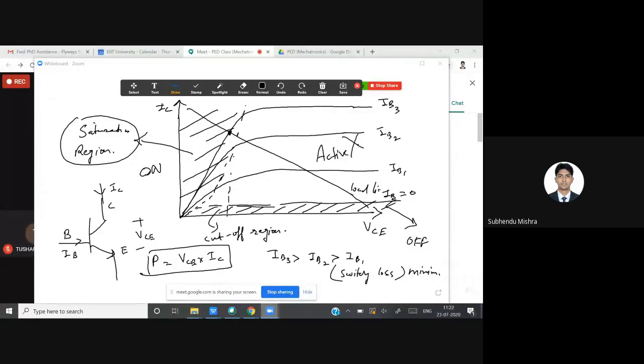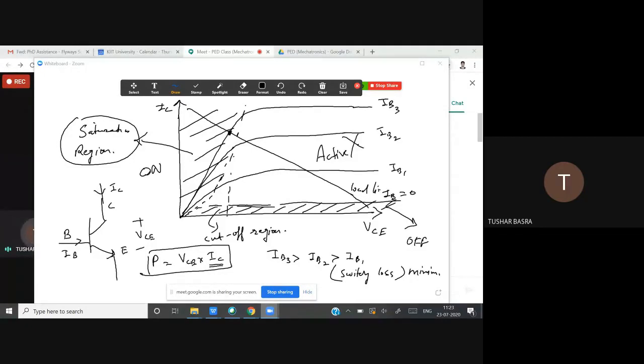So in all power electronic devices that you see, we always operate in the saturation region, because the current passing is very large. But in signal circuits, we can operate the transistor in the active region also, because the value of the current is small. Understood?